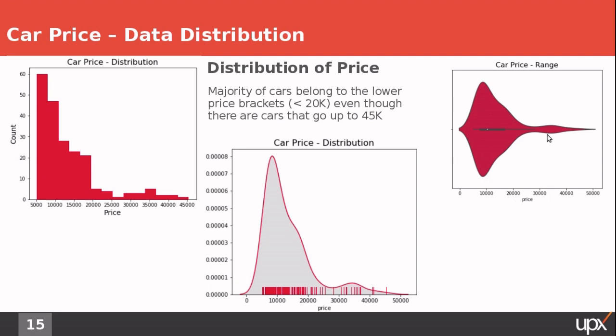We have a short bump around $35,000, and the costlier vehicles are towards the 40,000 and 45,000 range, but the majority is around $10,000. The bottom graph also shows the same kind of distribution. The density is towards the 10,000 mark.